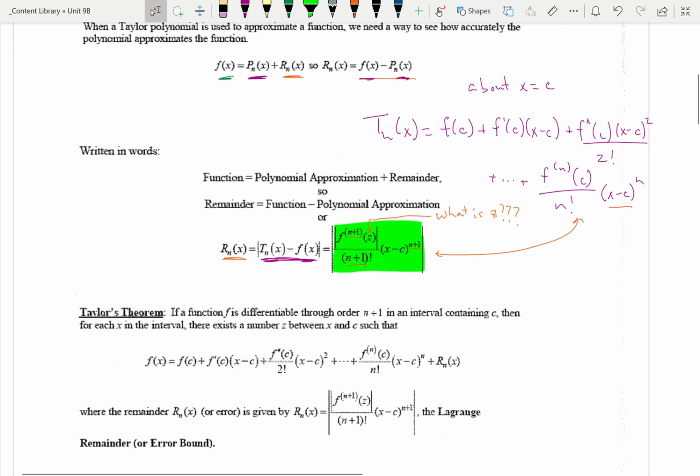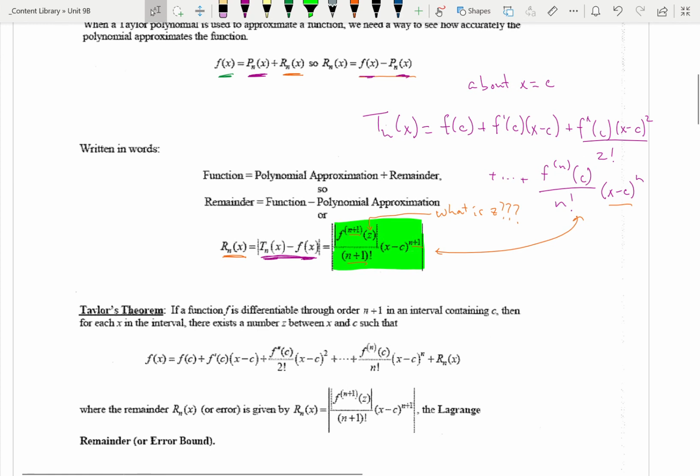So anyway, you'll look down here, you'll see, oh, wait a second, this looks kind of familiar. This is what I just wrote up there. If a function f is differentiable through n plus 1 derivatives in an interval containing c, then we can build that Taylor polynomial up to the nth term, and then we don't put the n plus first term here. We have this mystery remainder value, right? Again, this is that difference between the actual and the Taylor polynomial approximation.